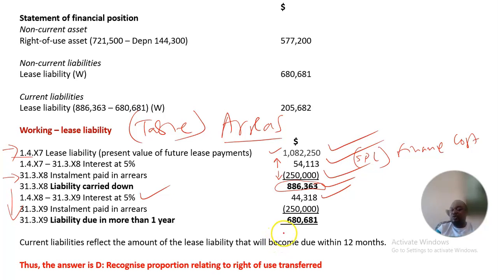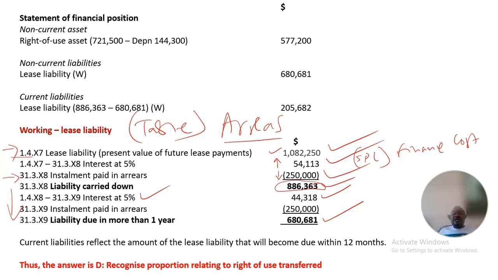So the liability has increased by 44,318 from 886,363 at end of year. So the interest has increased it, but with the installment paid at 31st March 2029, we are going to rest at this much.